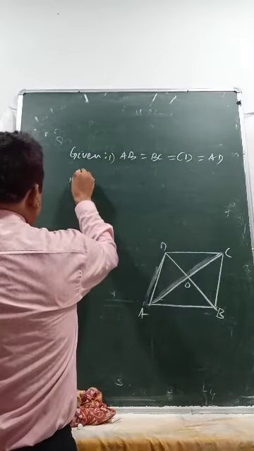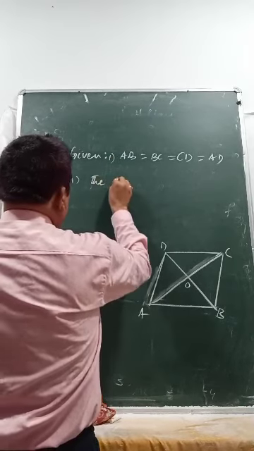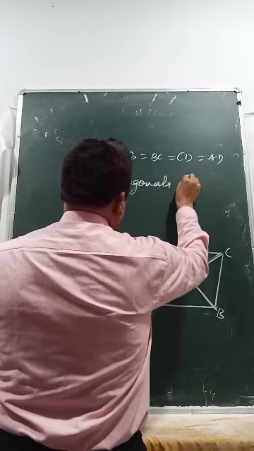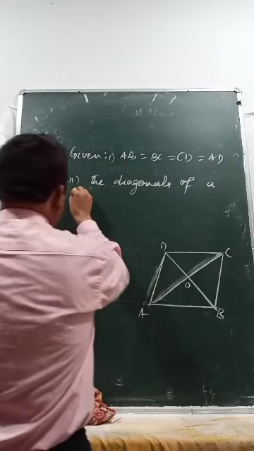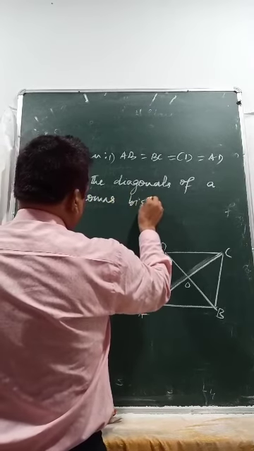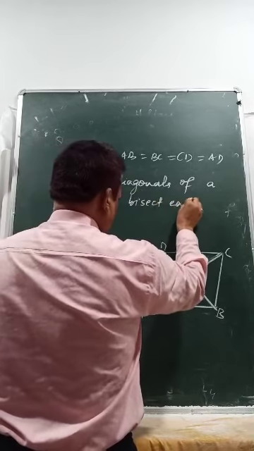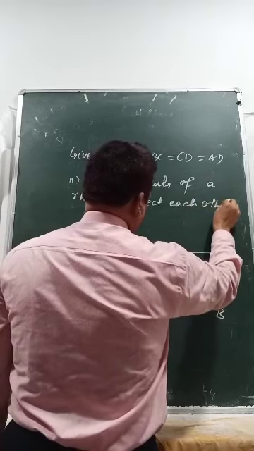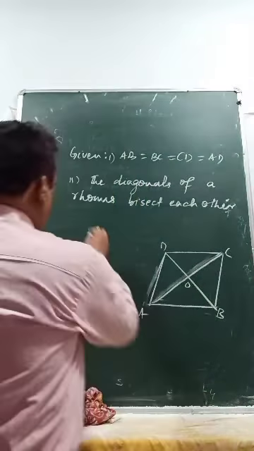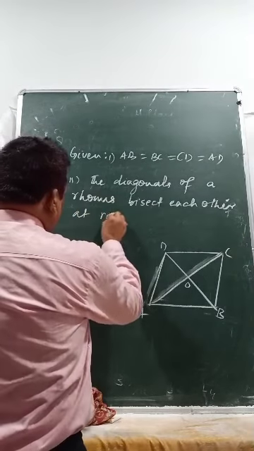Second, the diagonals of a rhombus bisect each other at right angles.